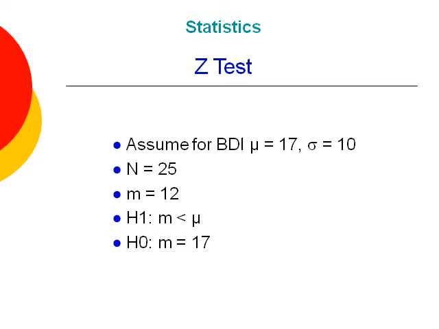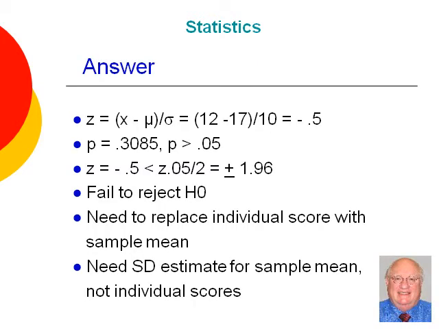Before going to the next slide, apply the z formula we have learned to this point for the data we have just described. What z-score would we wind up with, and what would be the probability of receiving a score of 12 or lower? Applying the z formula we have learned up until now, we would wind up with a z equal to negative 0.5.